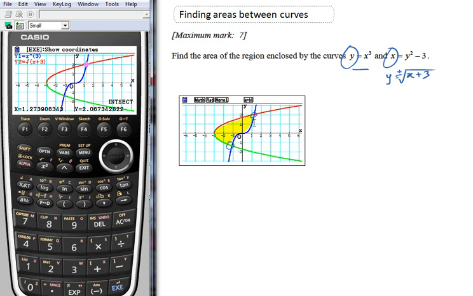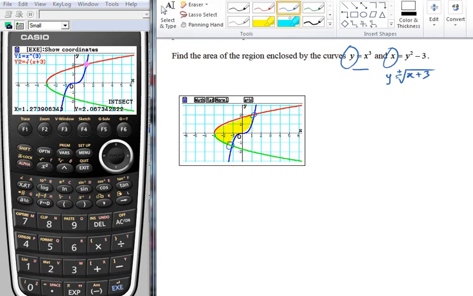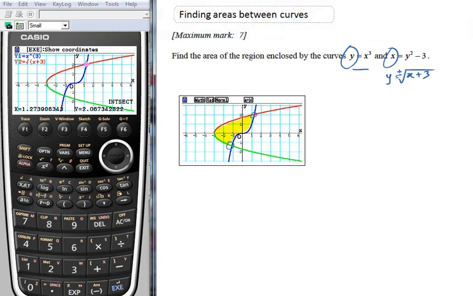So make sure that you explain that to the examiner. Make sure that you plot those intercepts so that you're actually giving information showing that you've taken some control of the situation, and don't round off at this stage.